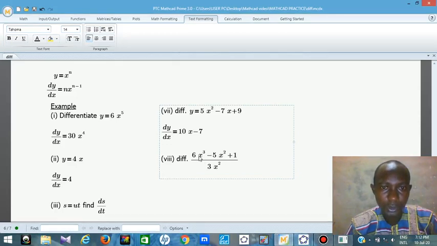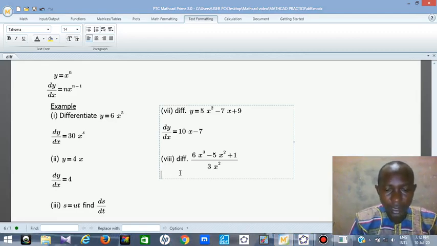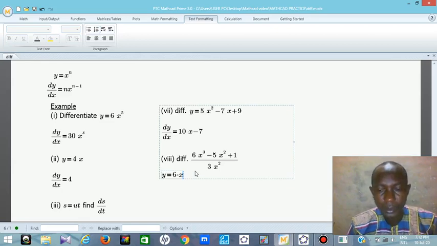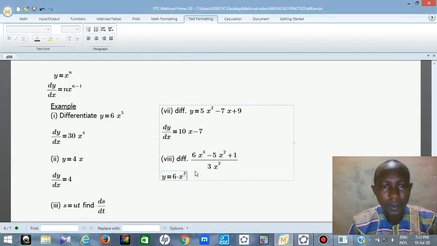What you just need to do is use your knowledge of indices now. If I use my knowledge of indices now, let's take y to be equal to this expression. So with knowledge of indices, each term: I have 6x cubed divided by 3x squared.